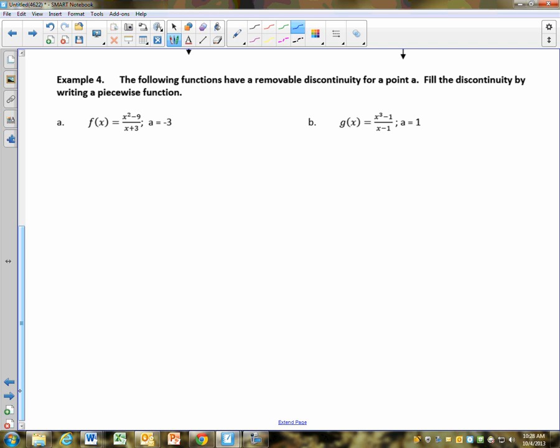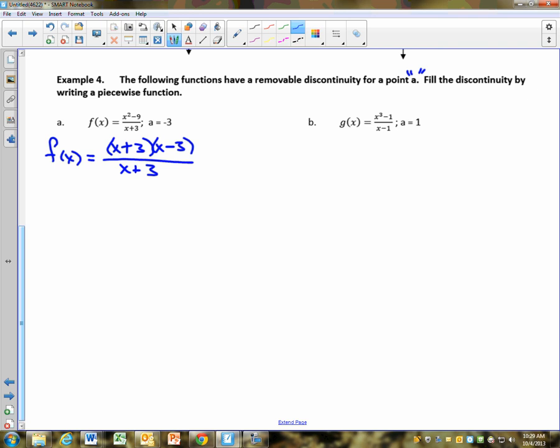The following functions have a removable discontinuity at a point a. Fill the discontinuity by writing a piecewise function. This sounds difficult, but it's really not that bad. Watch. First, remove the discontinuity. f of x is equal to x plus 3 times x minus 3 over x minus 3.